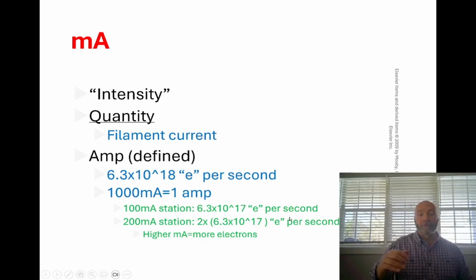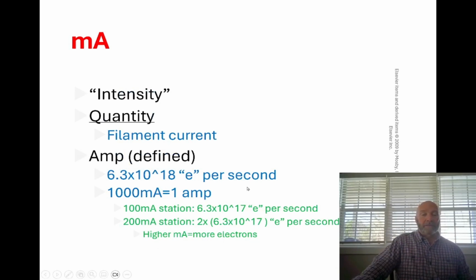And if only 1% of those transmit through the patient, or less, we'll say 1%, that's still 10 to the 13th power X-rays coming through the patient to strike the image receptor. So it's a tremendous number of electrons that we send through the filament and across the X-ray tube to create X-rays.